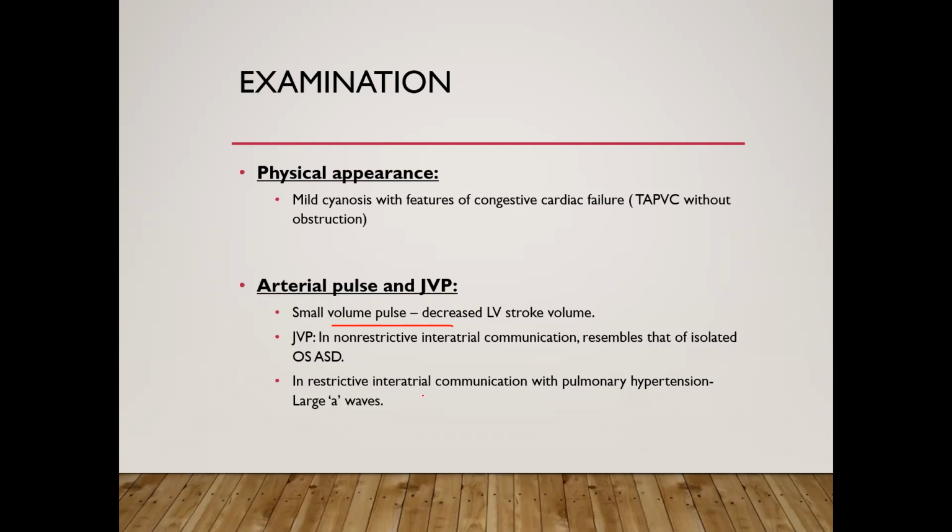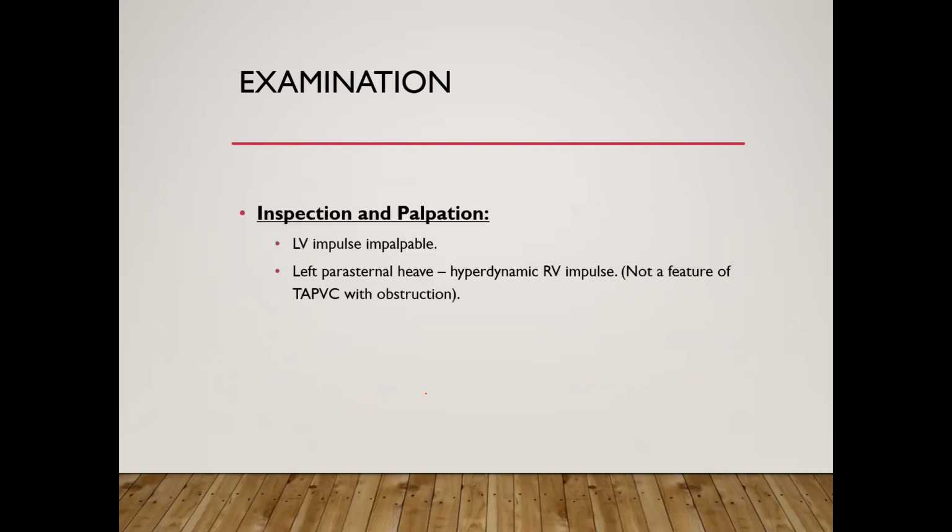If it is restrictive with pulmonary hypertension, large A waves are present. On inspection and palpation, the LV impulses are impalpable because left-sided flow is decreased, and there is a left parasternal heave with a hyperdynamic RV impulse due to increased flow.